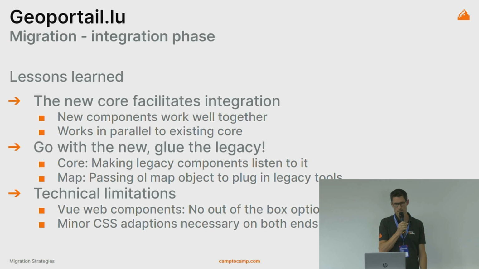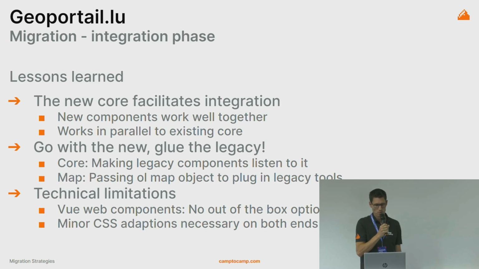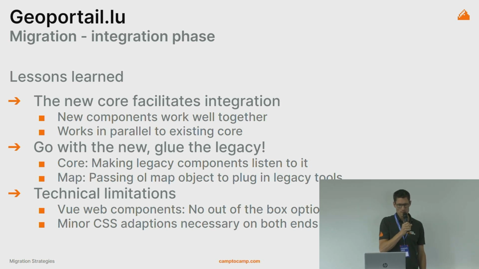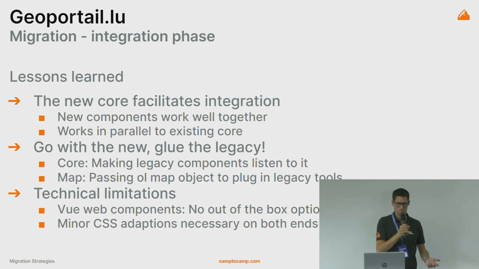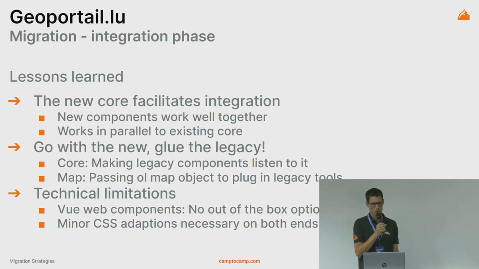This on the one hand prevents us from throwing away the glue we would have had to write for the old parts. And on the other hand, it was not that complicated in the end. For the map, it was sufficient to pass the OpenLayers map to the old tools, and most of them work almost like this.